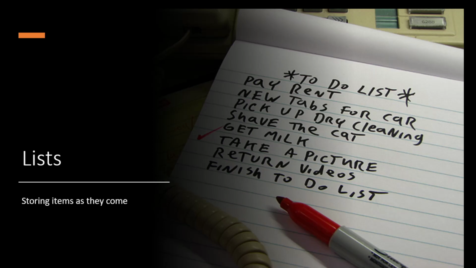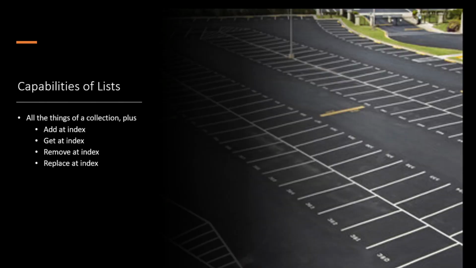So the capabilities of a list are all the same as a collection, except, as you can see in our parking lot here, there's a numbered order to these positions. I can jump to any index, or remove or replace or anything along those lines. Again, we have our parking lot here, and everybody has an assigned parking spot.